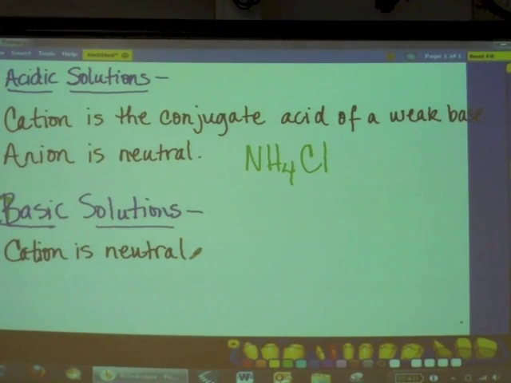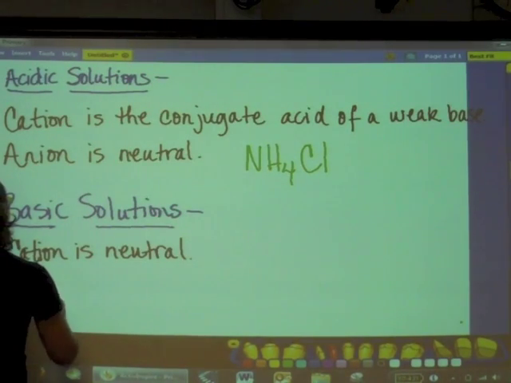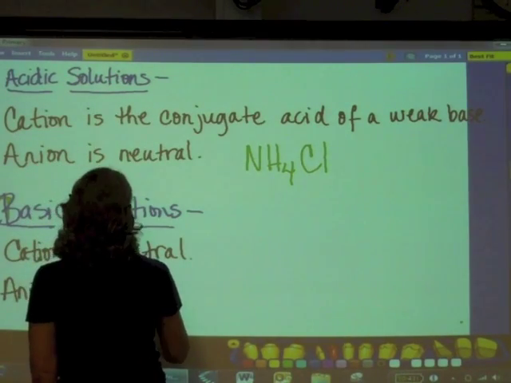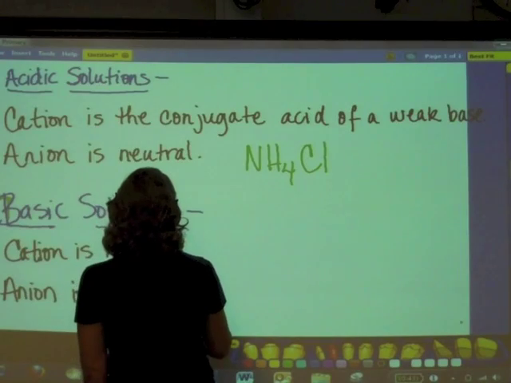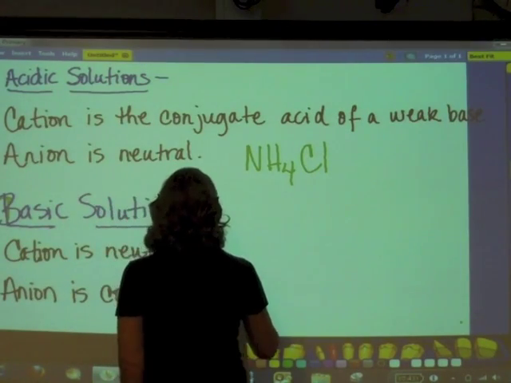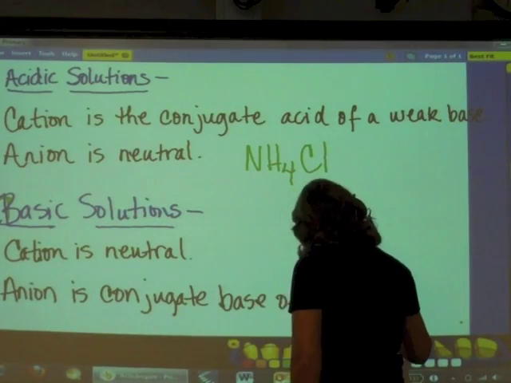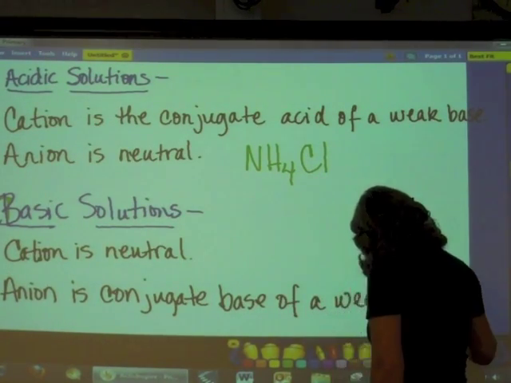That means that the cation is the cation of a strong base. Essentially, you guys, it's going to be group 1 metals. Group 1 metals. And the anion is the conjugate base of a weak acid.